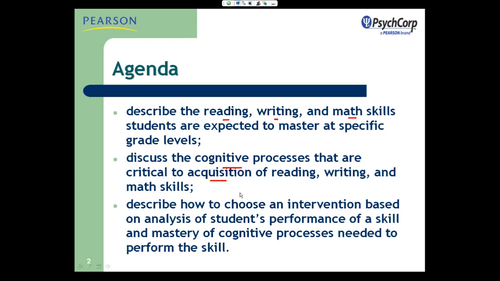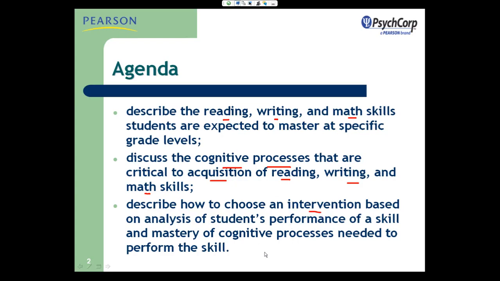It may be that a student is struggling with a specific component of reading, for example, because of one of the fundamental cognitive processes that is required to perform that skill. And I'll talk about these cognitive processes related to reading, writing, as well as math. Then I'm going to talk about how you would use the data from the assessment to choose an intervention.